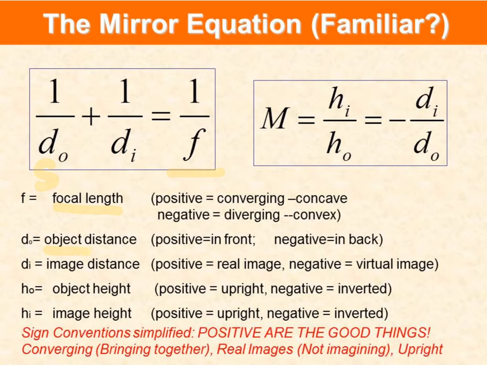Object distance, positive is real, negative is in back. Image distance, positive is real, negative is virtual. Upright things are positive, inverted ones are negative. Positive, again, being the good things. We can apply this exactly like we applied the equations for lenses.